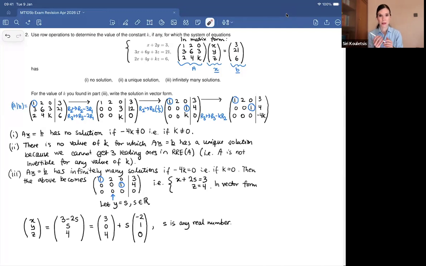So that would represent the same line. So that's not the case for case one, where you get a 0, 0, non-zero if you do row operations. So you could test that. You could just write down 3 cases in R2, and that's all we are also doing here. Just geometrically, it's a different representation.